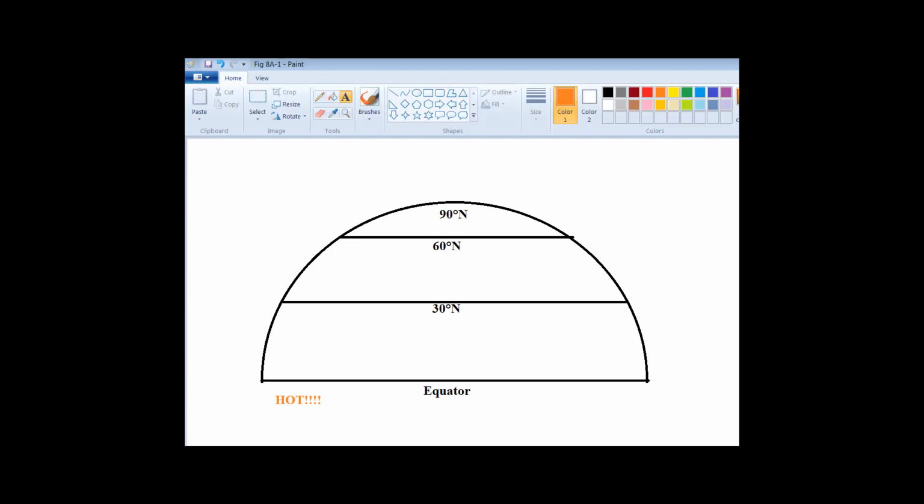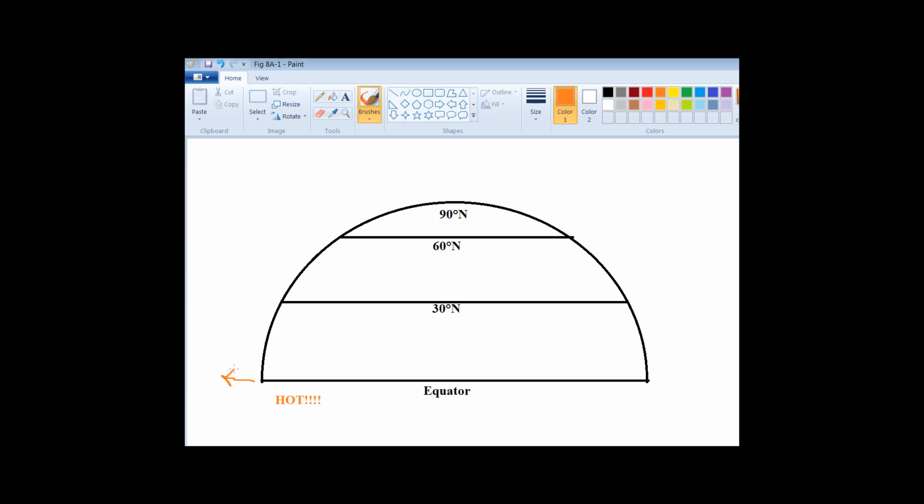Well, what does hot air do? Hot air rises. So using this little brush, I'm going to indicate that over the equator, hot air is rising.